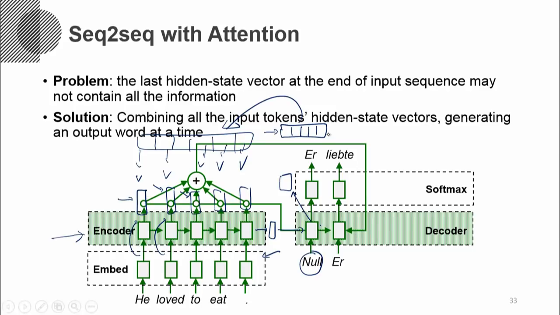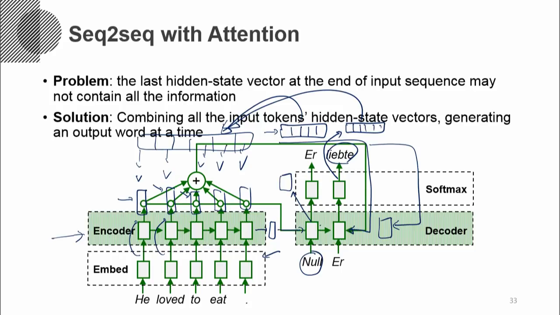That is represented by this additional arrow. Then we generate the corresponding word, and also generate another attention vector and apply it to the same set of encoding hidden state vectors, generating a differently weighted context vector, which will also be given as the input to the RNN in the next time step.